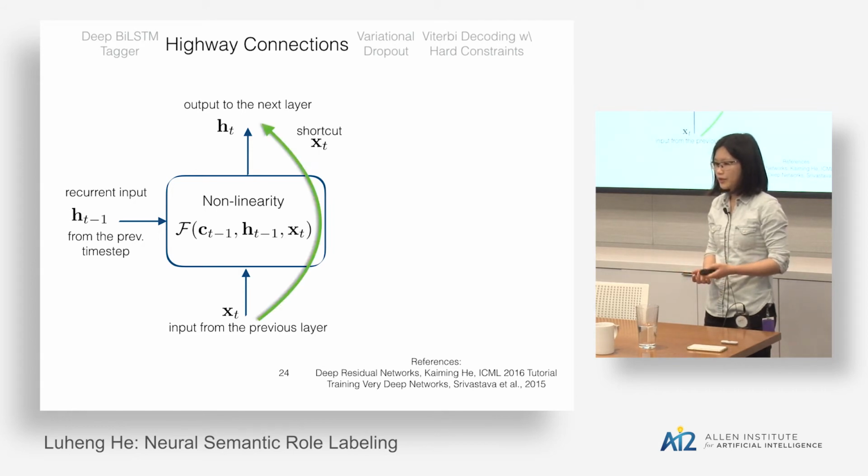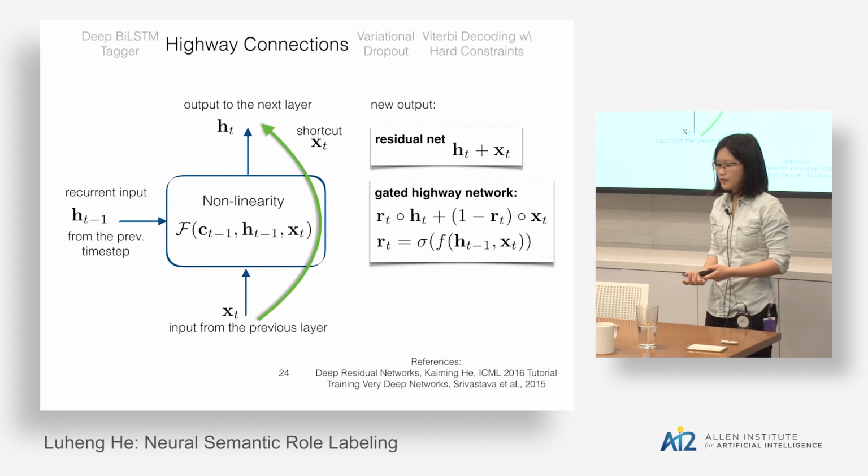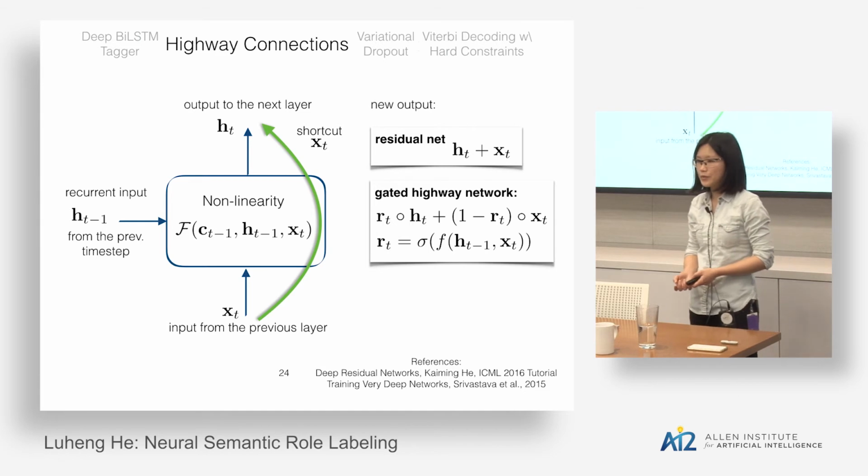The idea of a shortcut connection is to augment the original output ht with the input xt directly. If we directly add them up, we get a residual net. And if we use a sigmoid gate to trade off how much we want to use the original output and how much we want to use the shortcut output, we get a gated highway network. And this is what we use in our work.